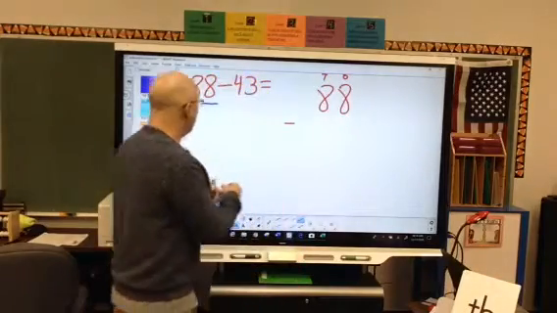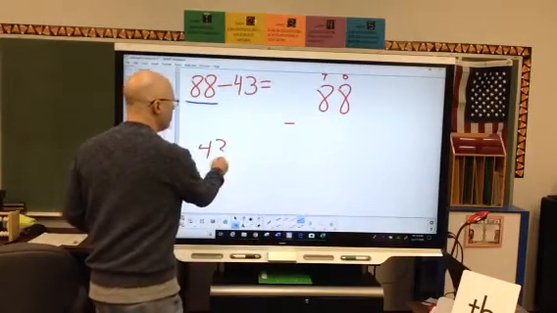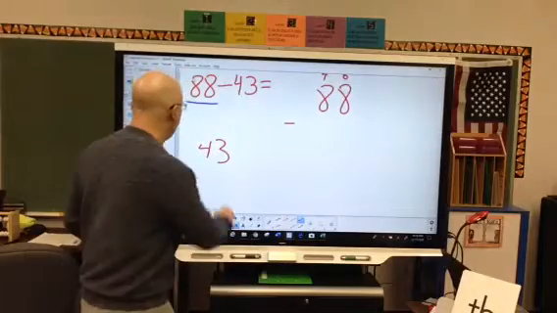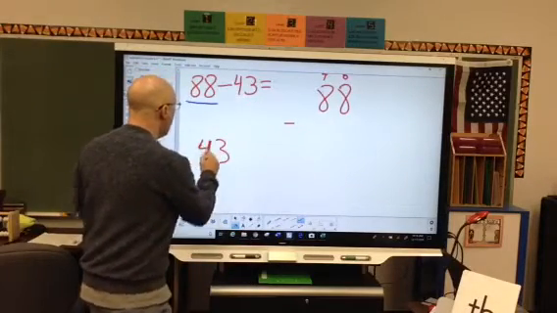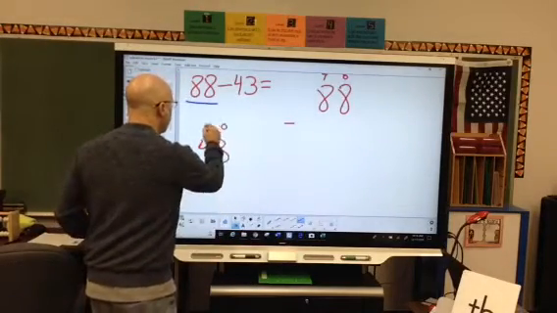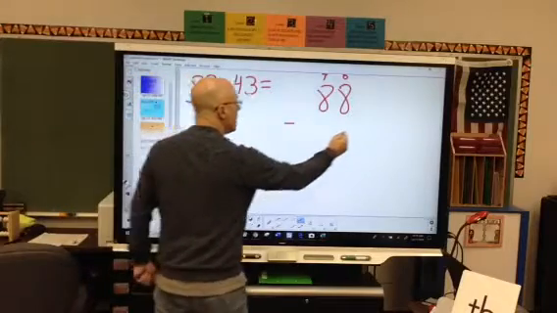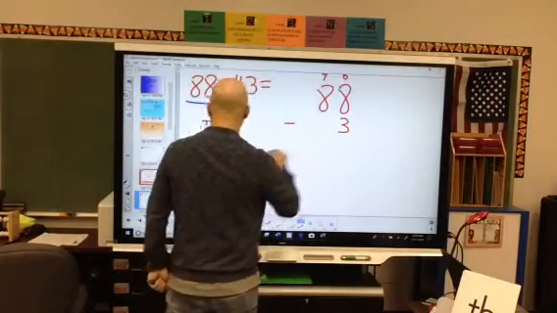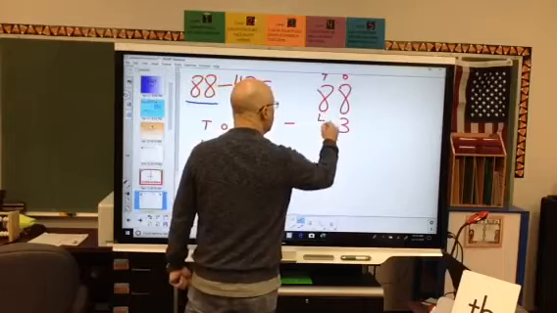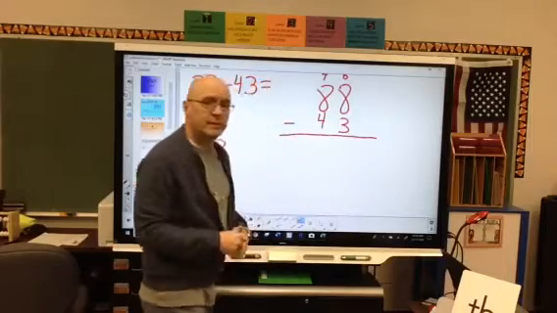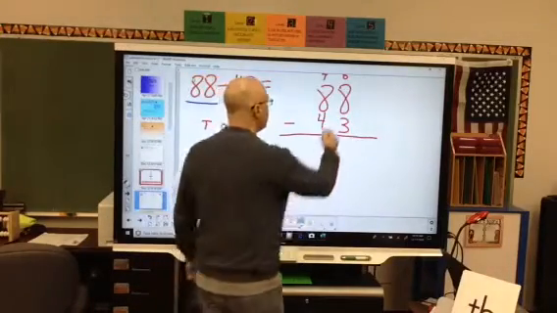Now when I look at the number 43, I've got ones and tens, so I put my ones right under this one, and my tens right under this tens. Now it's lined up correctly.